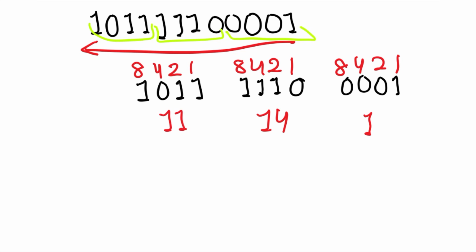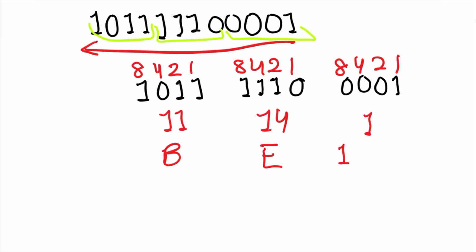Now, as we remember, we do not write 10, 11, 12, 13, 14, 15, but we represent them with letters instead, from A to F. So the numbers 11 and 14 are 10 or greater than 10, so we represent them by letters. For 11, we represent it by B. For 14, we represent it by E. And 1 will be written as it is.